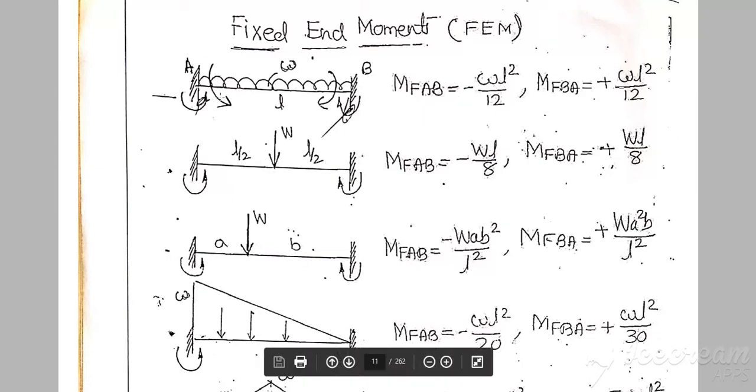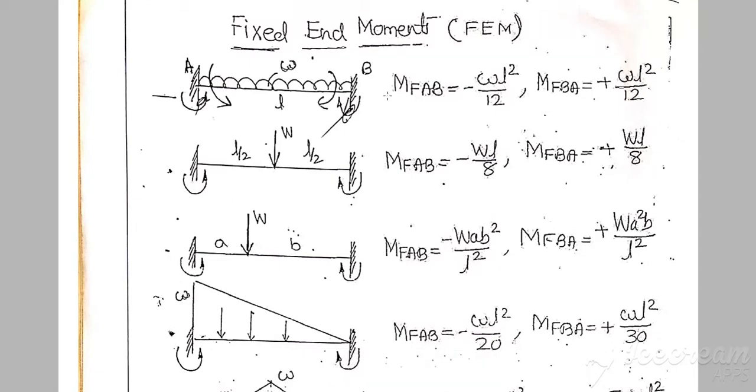See here, according to the load condition, the fixed end moment calculating formula will change. Take the first one. Here given UDL W. For calculating this, the span length is L, and this is support A and support B. Here, for calculating fixed end moment AB is equal to minus WL square by 12.